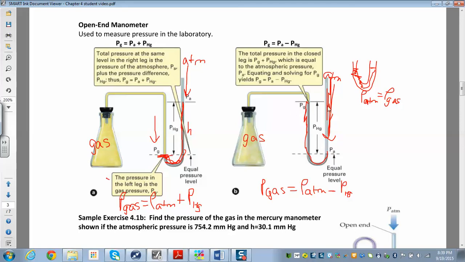So whichever side is lower is pushing more, which means it has a higher pressure. If the atmosphere is pushing more, then the gas is going to be less than the atmosphere. Over here, the gas is pushing more. You can see because that side is lower, so it's a higher pressure, so you're going to add the difference there to the pressure of the atmosphere.